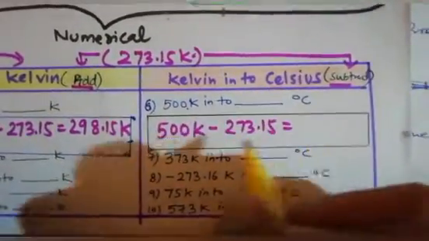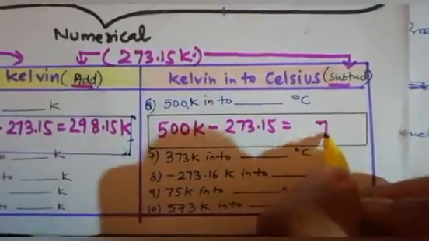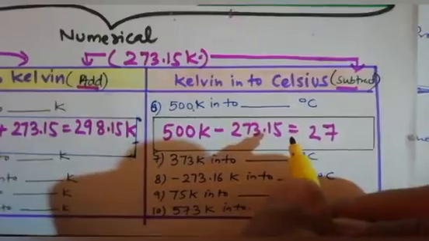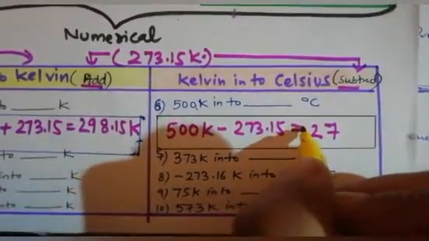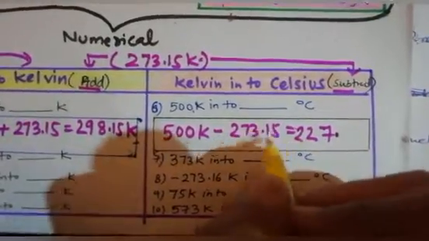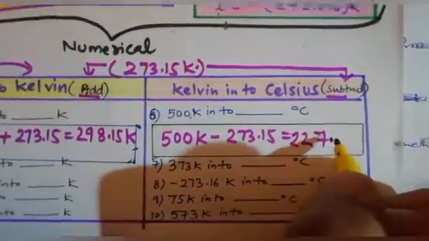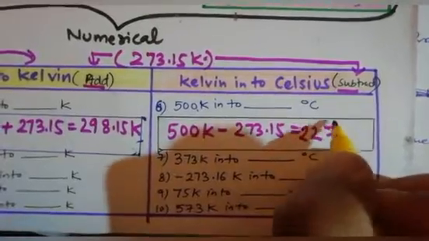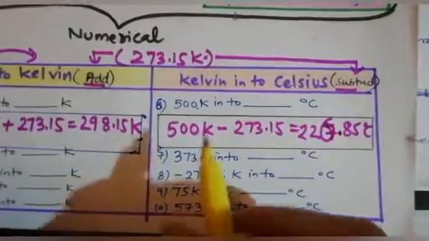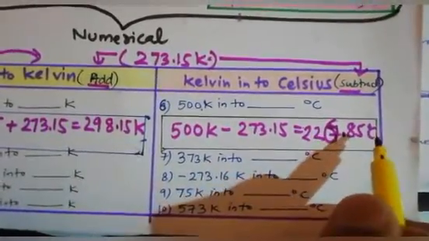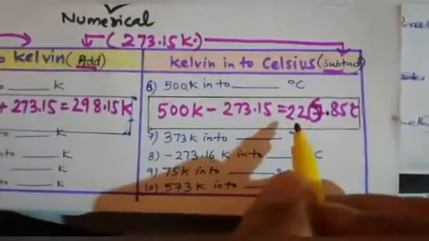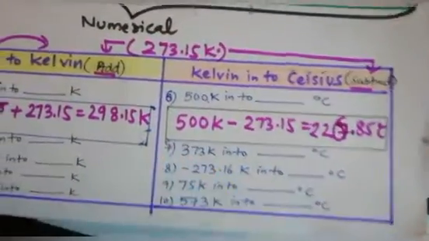If we take the average, it will be 226.85 degrees Celsius. So 500 Kelvin will be 226.85 degrees Celsius. Cross-check it as I have done orally. If something is wrong, you can cross-check it.